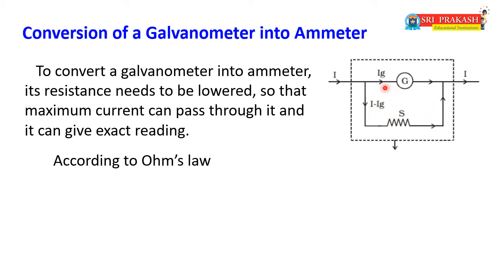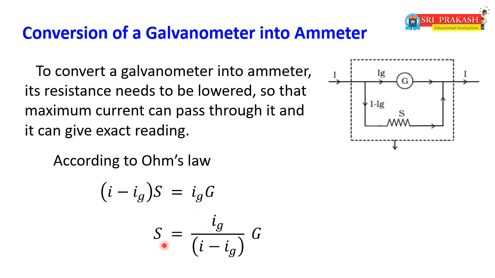So Ig passes through the galvanometer, meaning the remaining current I minus Ig passes through the shunt. According to Ohm's law, voltage V equals IR, so across the galvanometer it is G into Ig. Voltage across the shunt is S into (I minus Ig). Voltage across the shunt equals voltage across the galvanometer, that is Ig into G. So from this we can say the shunt value, that is the low resistance value, S equals Ig by (I minus Ig) into G, where G is the resistance of the galvanometer.